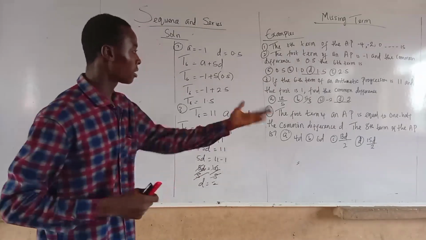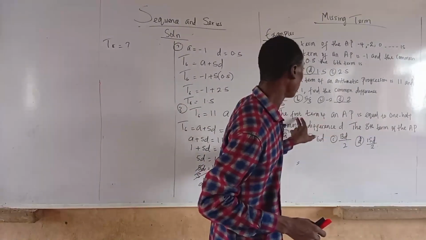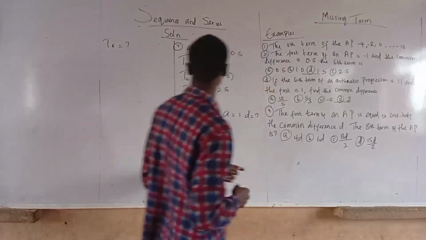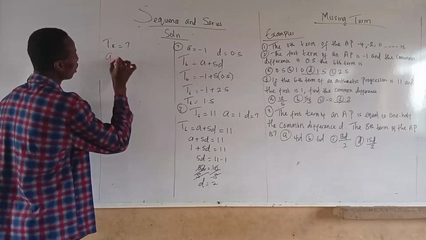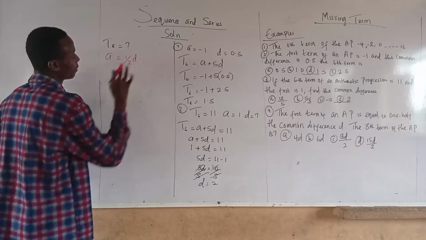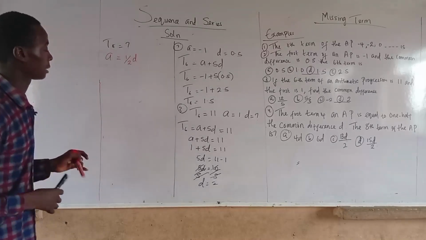They just gave a statement: the first term, which is A, is equal to 1/2 the common difference. But with this, you can get our answer.